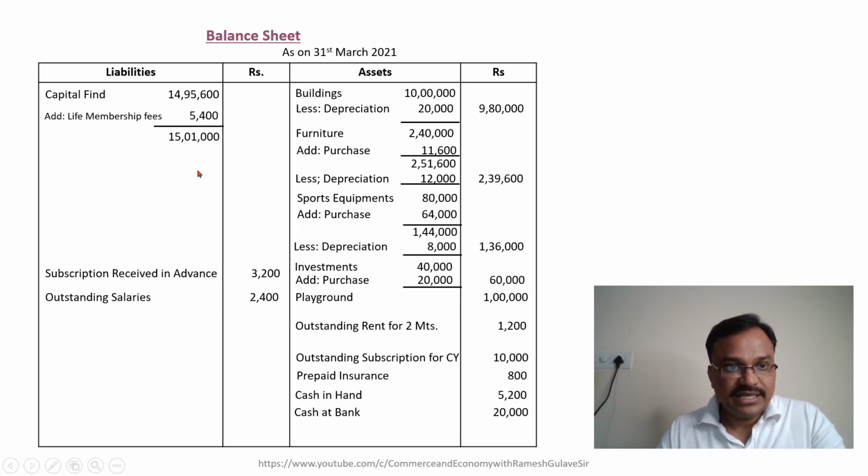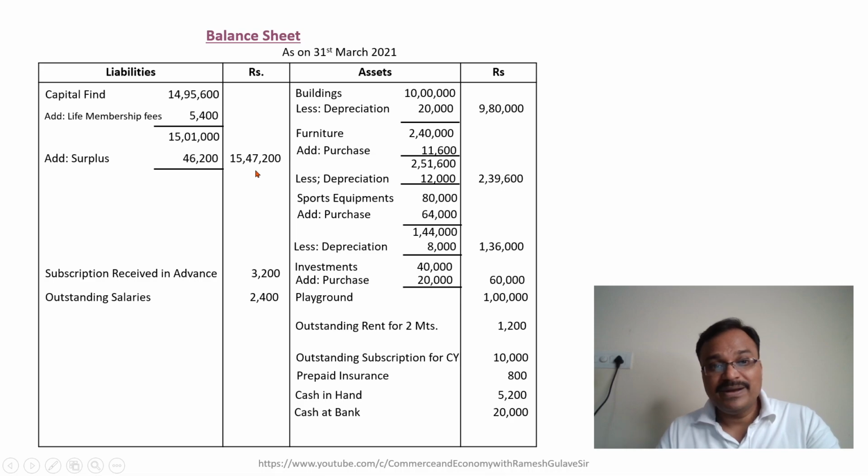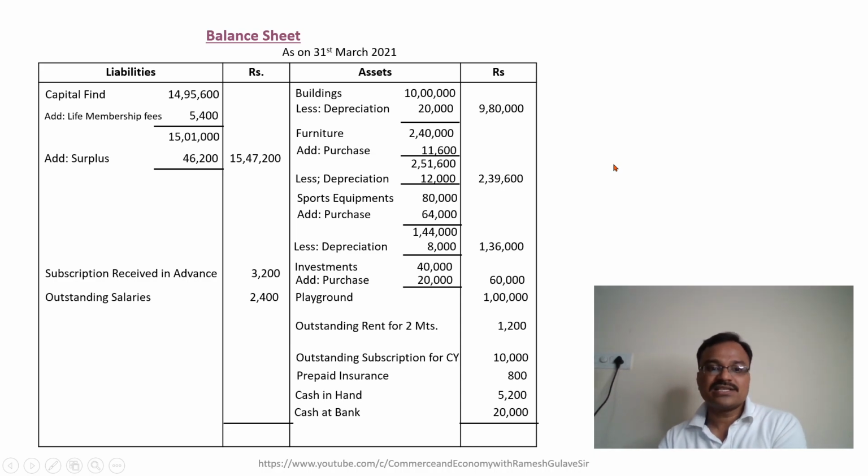So see here, capital fund. In capital fund, we have already added life membership fees. Life membership fees plus surplus 46,200. So 15 lakh 1,000 plus 46,200 gives us 15 lakh 47,200. Friends, here I would like to give one task.